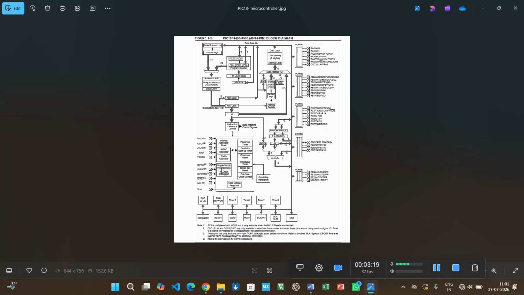Then in-circuit serial programming and in-circuit debugging. So all these give a way to split things, and the split is governed in this manner. The way the in-circuit operates, followed by USB.